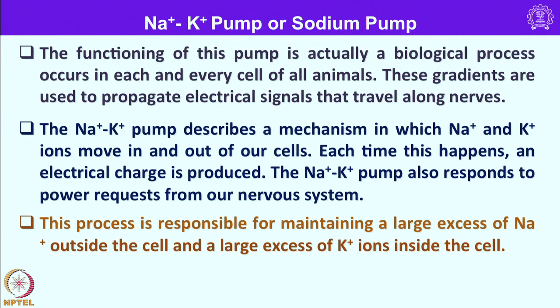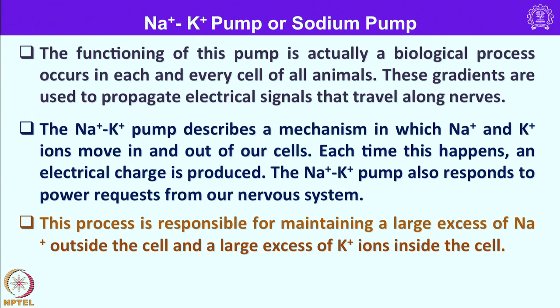There is another term we come across in biological processes, that is called the sodium pump or sodium ion potassium ion pump. So, how does it function? Let us look into it. The functioning of this pump is actually a biological process. It occurs in almost all cells of all animals.